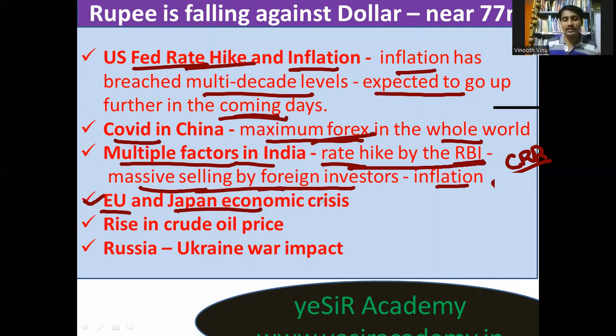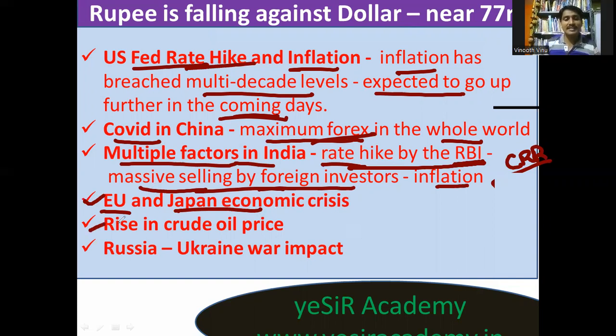As I have already told you, there are many countries in the world facing economic crisis. These are the reasons for the reduction in the value of the rupee against the dollar.